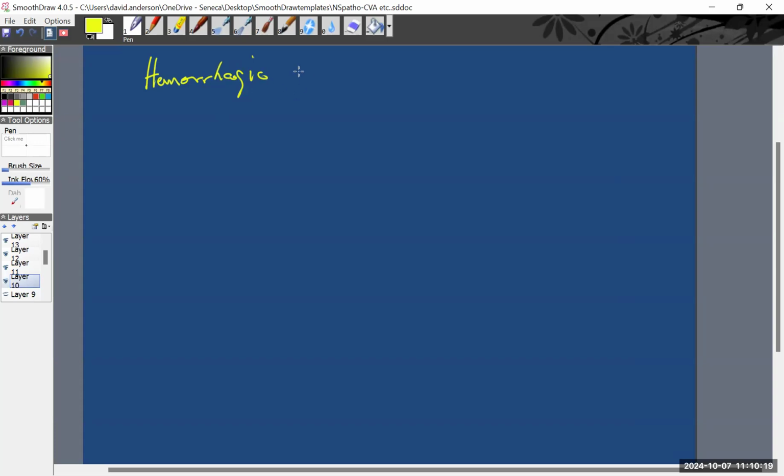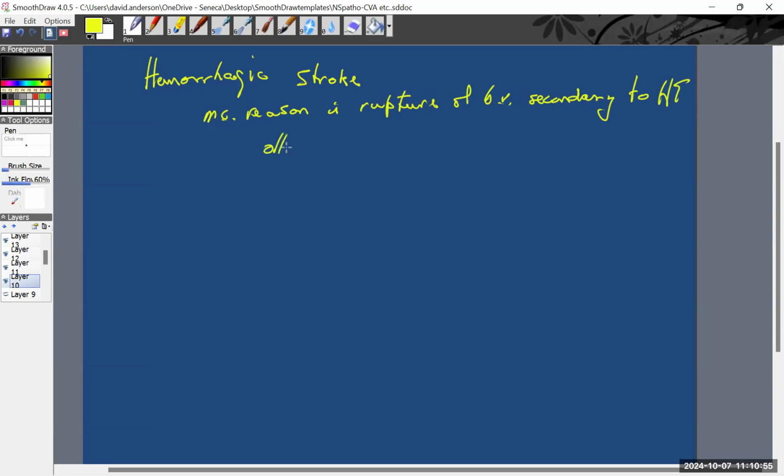But basically, when we talk about a hemorrhagic stroke, the most common reason is rupture of the blood vessel secondary to hypertension. So patients who have high blood pressure are at risk of hemorrhagic type strokes. Other considerations?